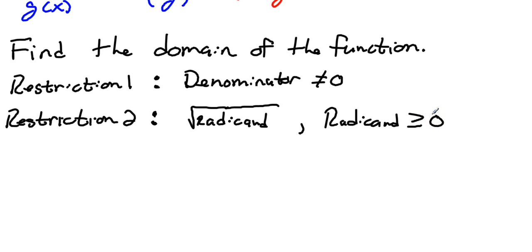So what they're going to do in the first few problems, before they even talk about doing all the combinations and the order of operations, is just give you some functions and say, all right, what is the domain of this function?